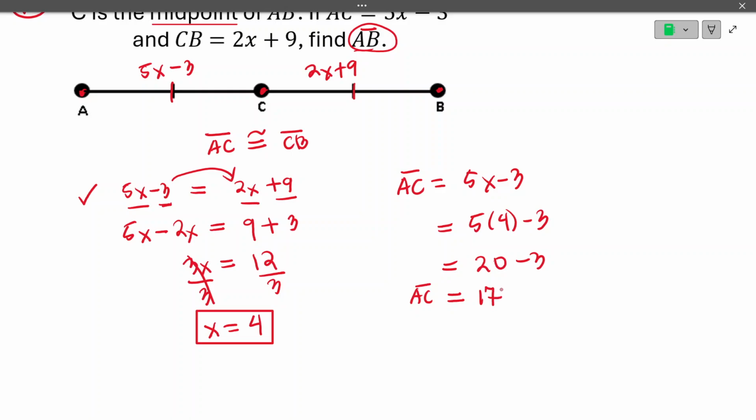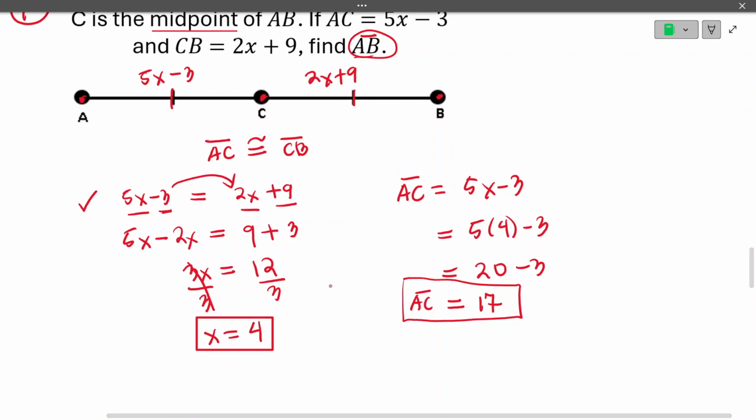It's 17. Now, since line segment AC is equal to line segment CB, we can conclude already that this line segment CB is also 17.